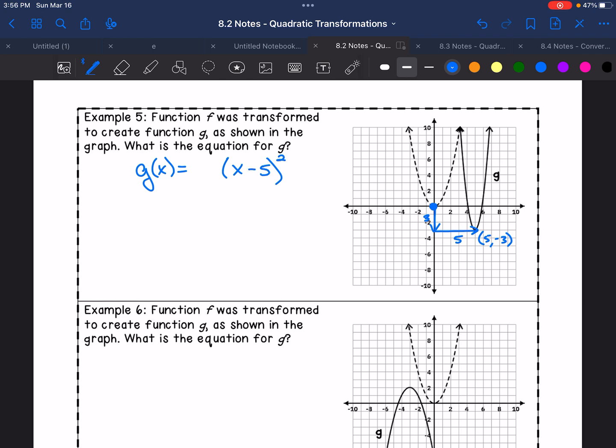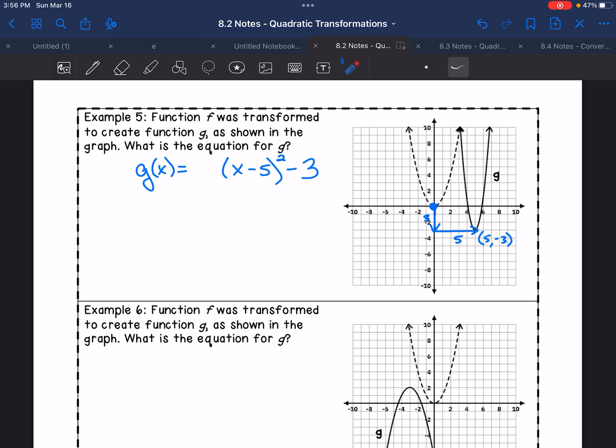Remember, horizontal translations are the opposite of what you would think, the opposite sign. And then since I needed to go down by 3, that needs to be on the outside of the parentheses. Moving up and down happens outside the parentheses. And of course, I need this squared because this is a quadratic. This is a U shape.